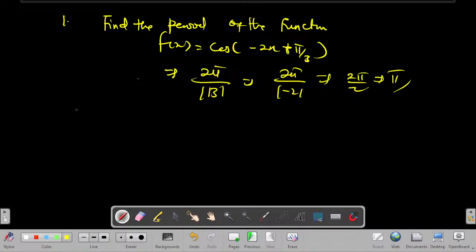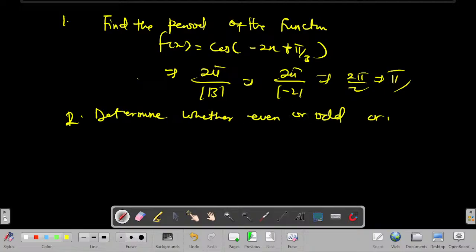Determine whether the function is even, odd, or neither, given as e to the power x squared plus natural log of the expression absolute of x plus 1.